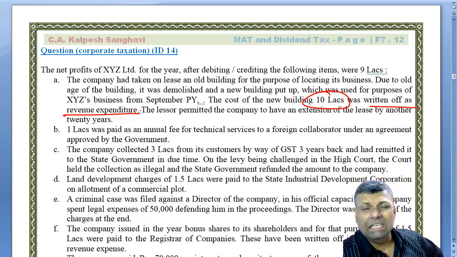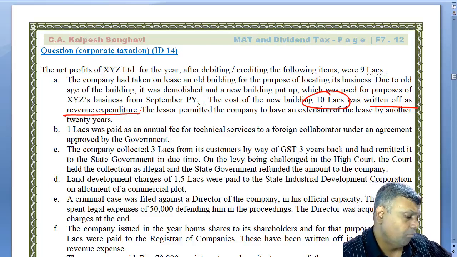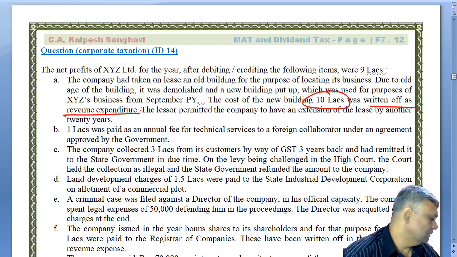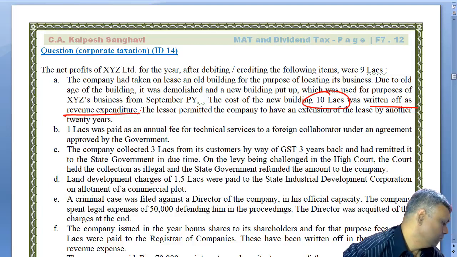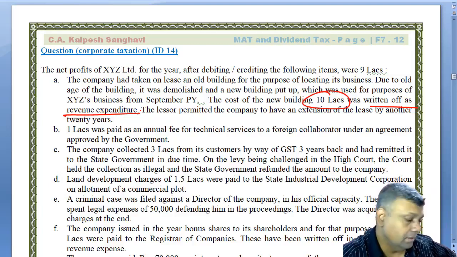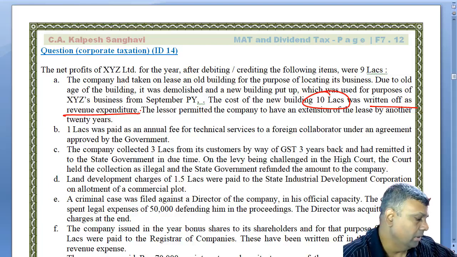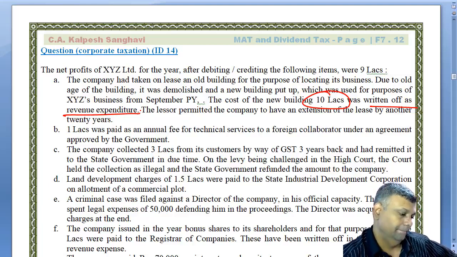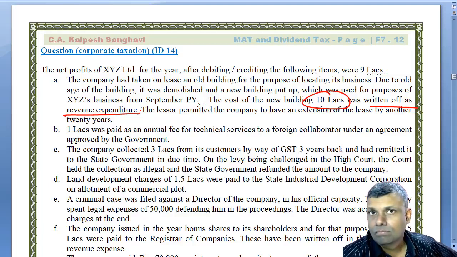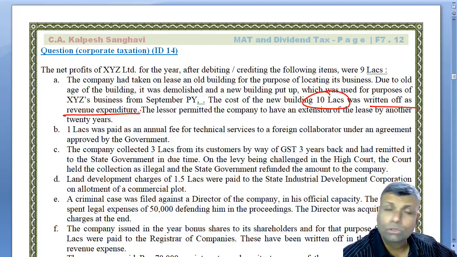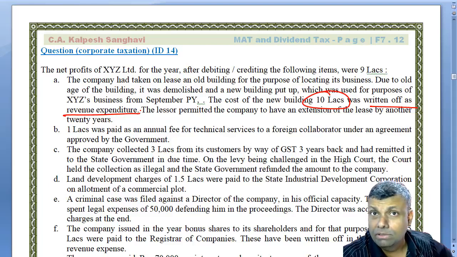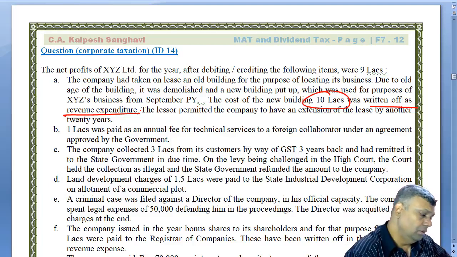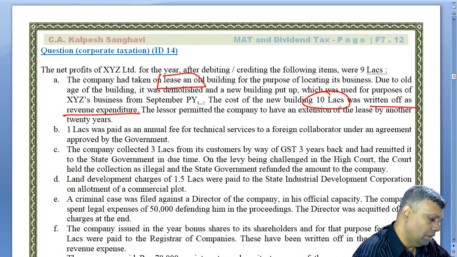Very good point and a lot of courtroom discussion. Ultimately, this is the cost of this particular new building, which is written off. But the real point about this fact is that you are not the owner of the building.